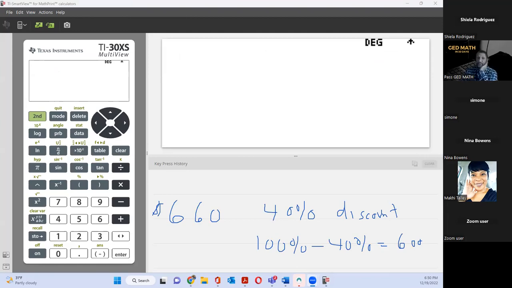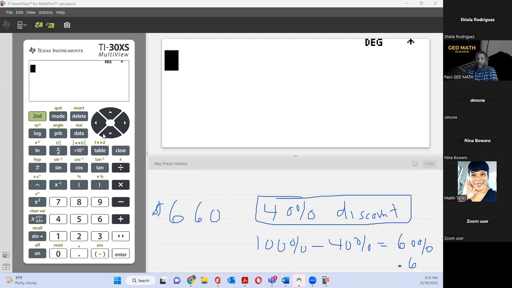Right, 40%. So remember, fraction decimal percent equivalence. If it's a 40% discount, that means I'm paying 60%. So 100% minus 40% is 60%. Well, 60% as a decimal is 0.6. So then I just multiplied the 660 times the 0.6.